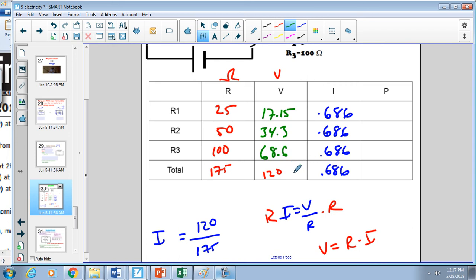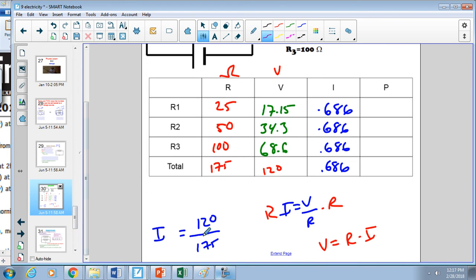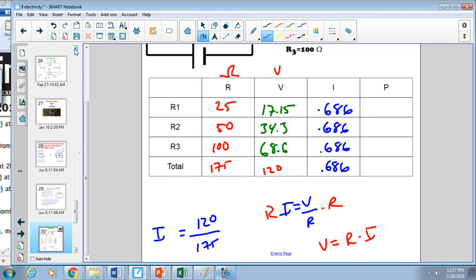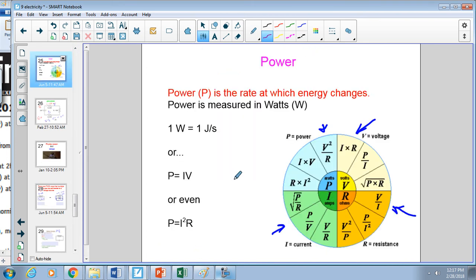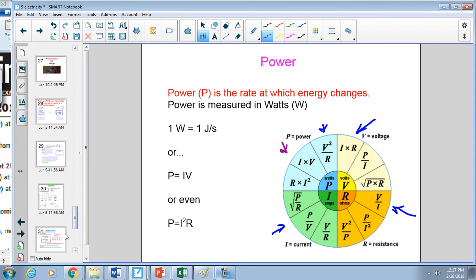When it comes to power, what you're going to want to do is take your power equation from before, and you can use any variation that you want from this. You can use I times V, or you can do V squared over R. I times V, since you have I and you have voltage, seems like the logical step, so that's what I'm going to do.